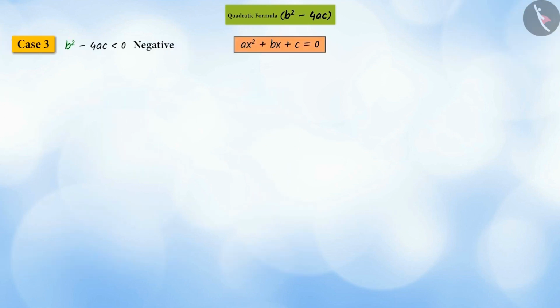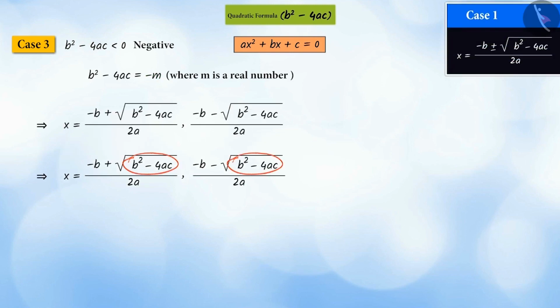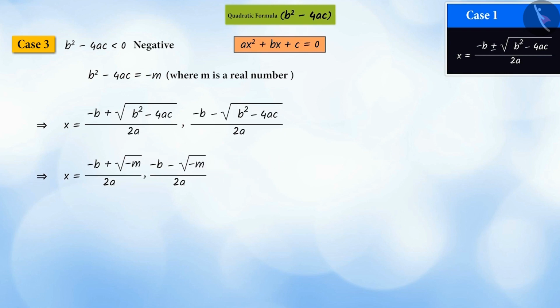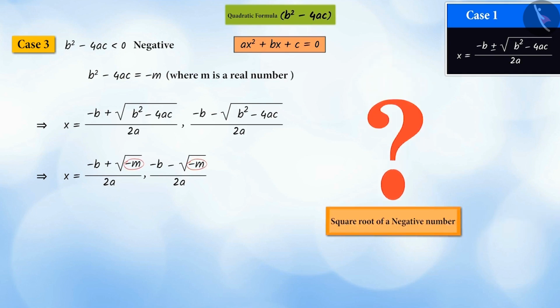Can you think of any other case? Absolutely right. Now if we take the value of b squared minus 4ac less than 0, that is negative, let us assume it to be minus m. Again, if we substitute b squared minus 4ac equals to minus m in the roots obtained from case 1, then you will observe that we get a negative number under the square root sign. Can you find the square root of a negative number?